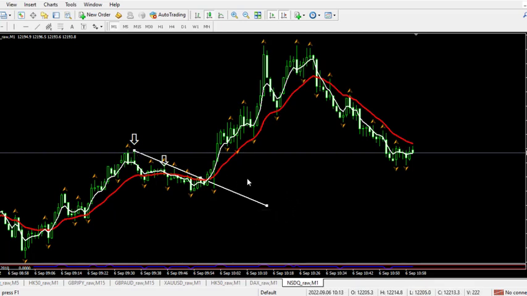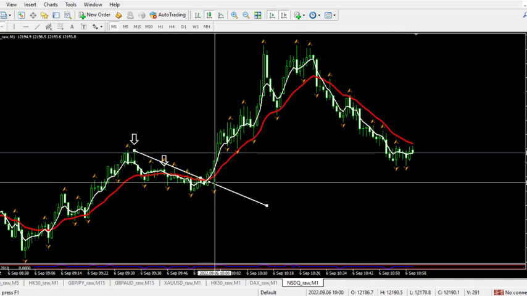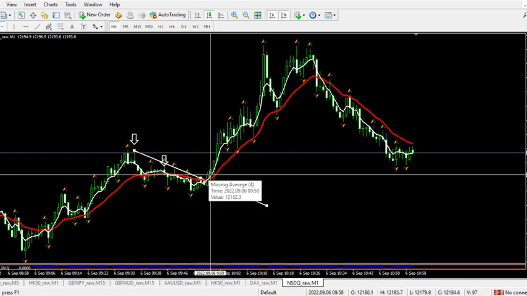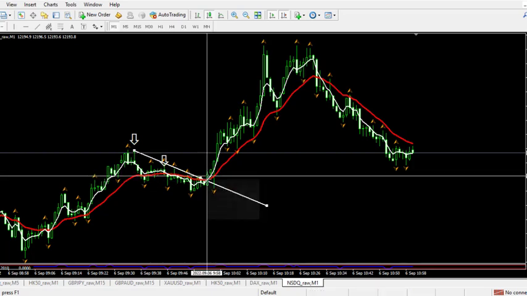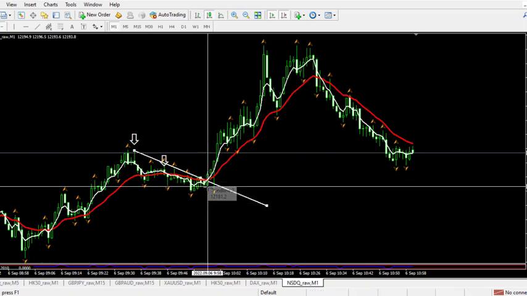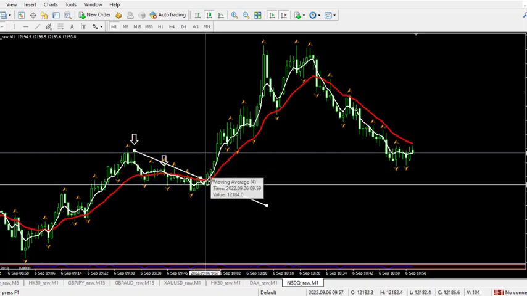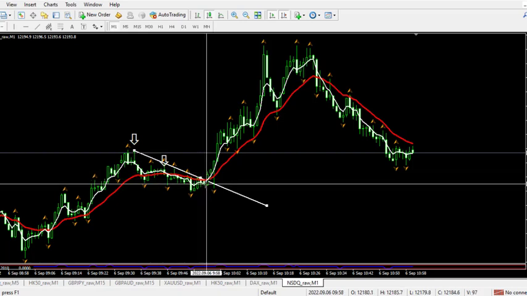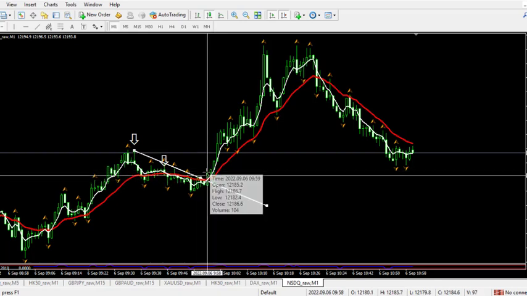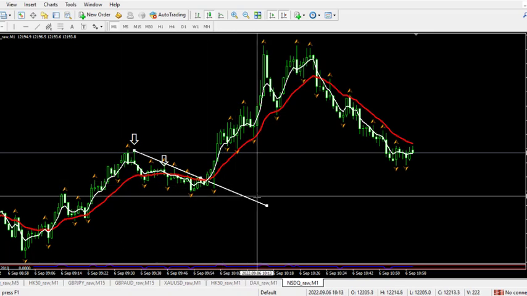After I drew that line, what I'm waiting for is for the two moving averages to cross in the direction of this trend line, because this broke the trend line at this particular point. The trend line was breached and broken on this candle, and once it breaks, the next thing you'll be waiting for is the yellow and white moving averages to cross in the direction of the trend line, because this is a bullish trend line.